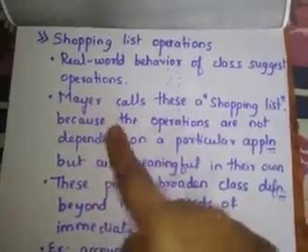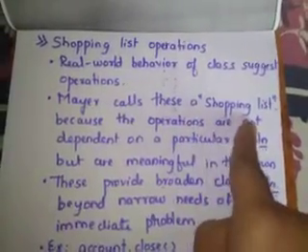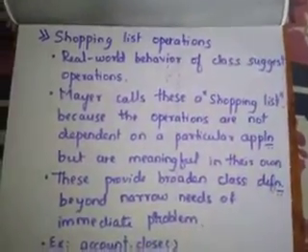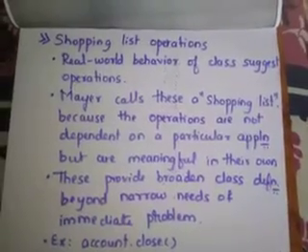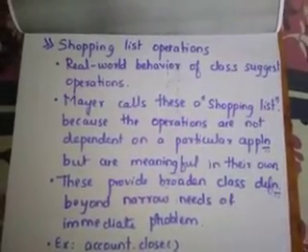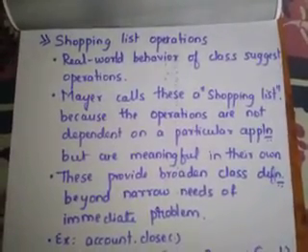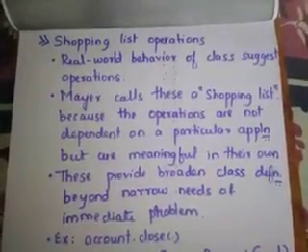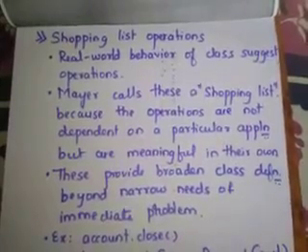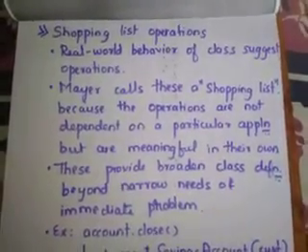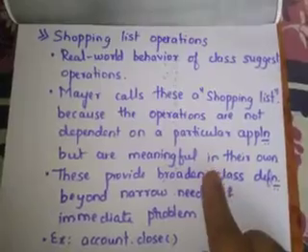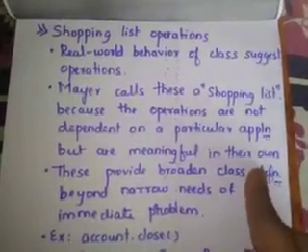According to Meyer, he calls these the shopping list because the operations do not depend upon the particular application. The operations that we get when we go to the real world analysis are not application specific, because they are domain specific. They are meaningful in their own context.